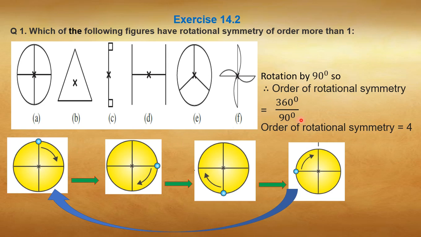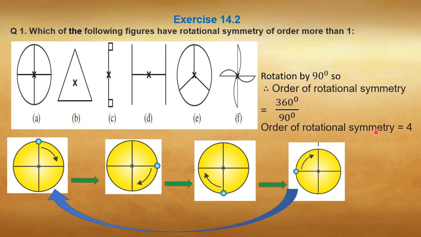By one turn of 90 degrees, the figure looks exactly the same. So 360 divided by 90 gives 4. Here we can say the order of rotational symmetry is 4. That means by a 90-degree turn, a circle looks the same. So the order of rotational symmetry of this circle is 4.